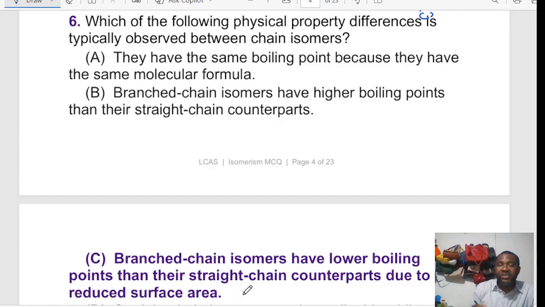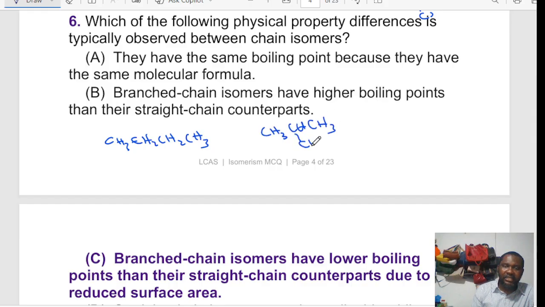Always know this. So if you want to compare boiling point, let's say you have something like this, CH3, CH2, CH2, CH3, and you want to compare the boiling point with CH3, CH3, then here has a branch CH3. If you notice, they are isomers.